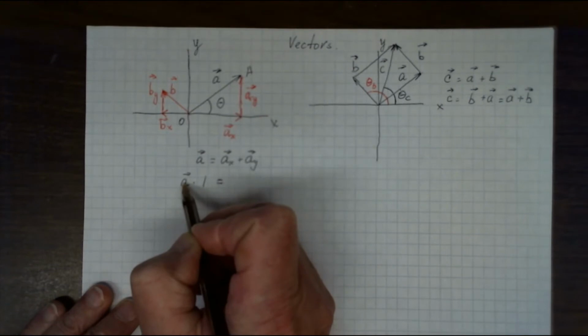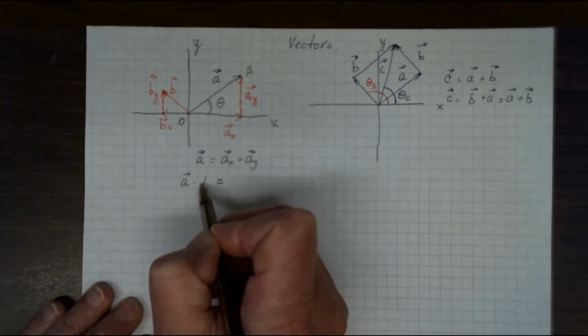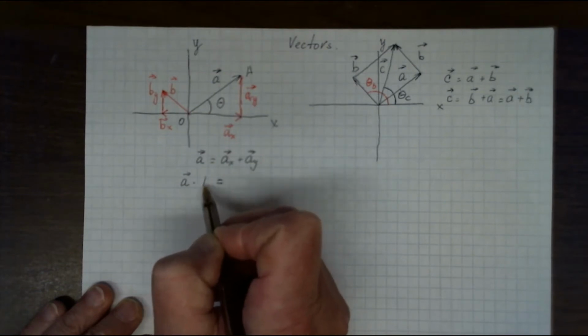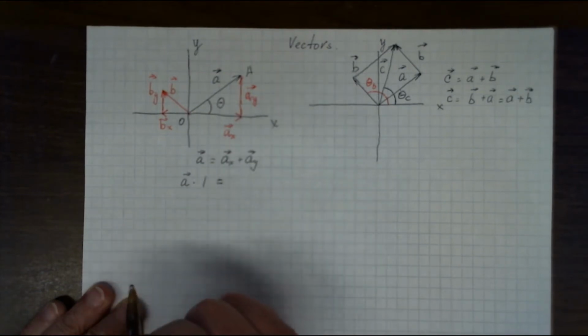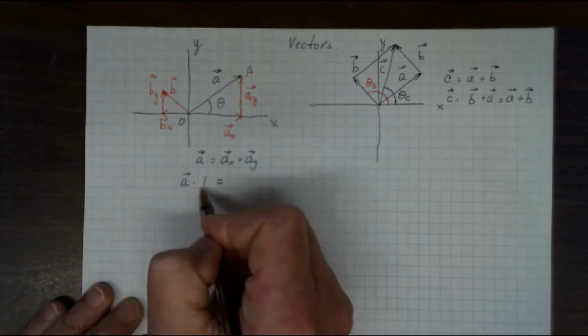The direction of the resultant vector will be preserved if the number is positive, and the direction of the resultant vector will be changed to opposite if the number is negative.